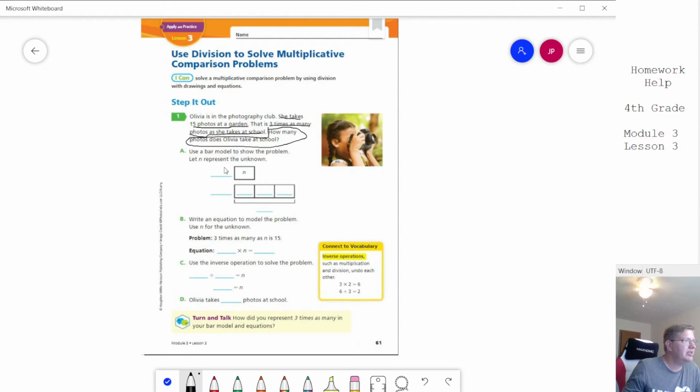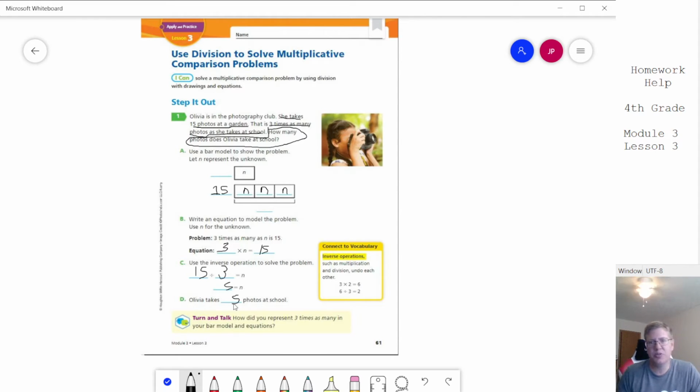I'm going to go ahead and say that these are going to be n, n, and n, and that's going to give us 15. So the number that we can count by 3 times to get to 15, as we work through the page, is going to end up being 5, and so that means she takes 5 photos at school.